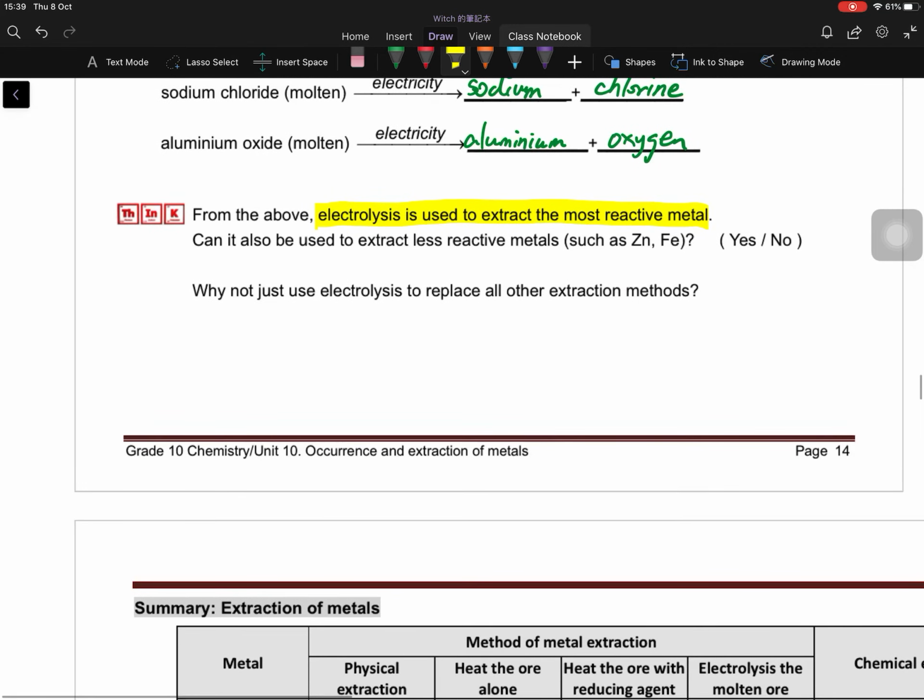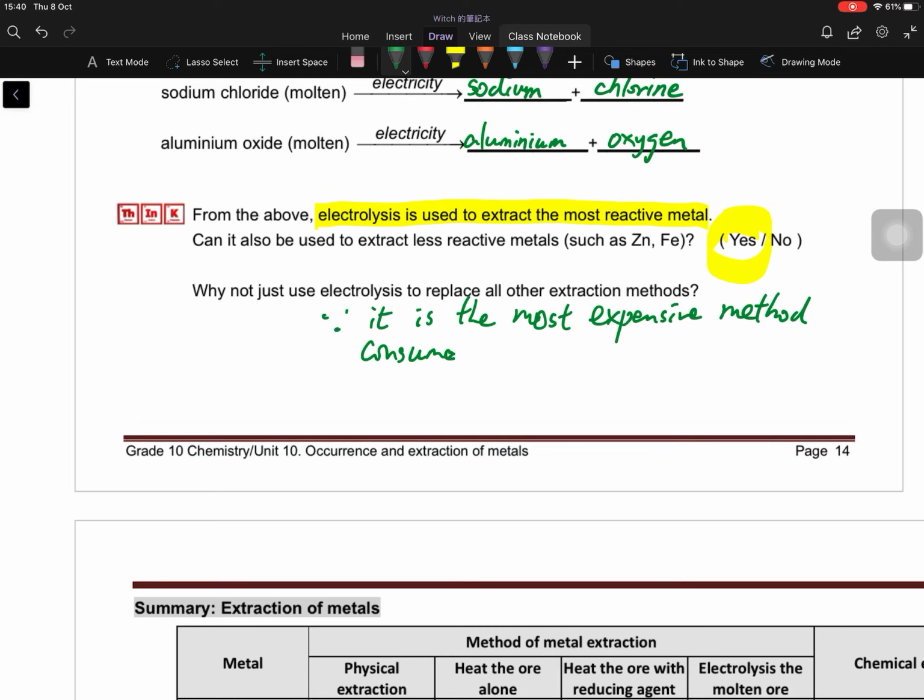That's why, if possible, we will choose other possibilities. Can it be used to extract less reactive metals? Yes. But why not? Why not is because it is the most expensive method, consuming fuel for heating and electricity.